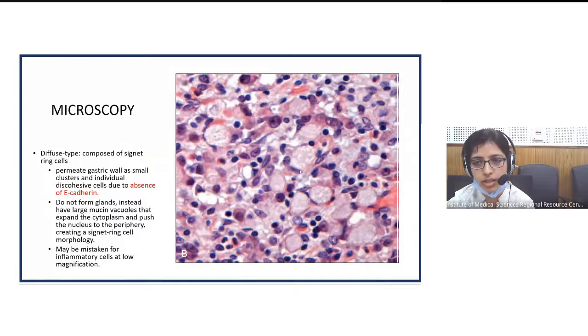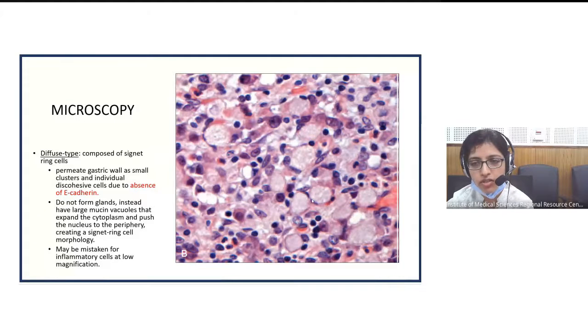This is one neoplastic cell, where what you see is entirely a clear to hazy appearance, because this is all mucin which is distending the cytoplasm, so much so that the nucleus of the cell is pushed to the periphery. And this is what is called signet ring morphology. So these are your signet rings.